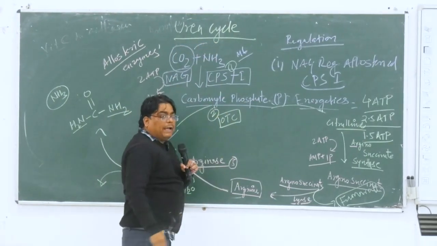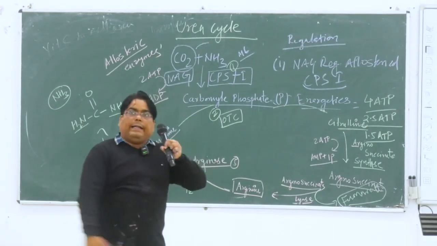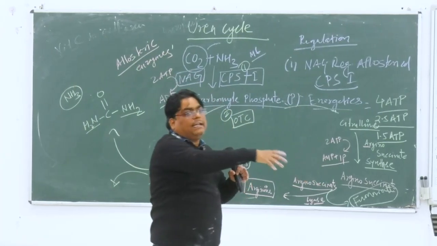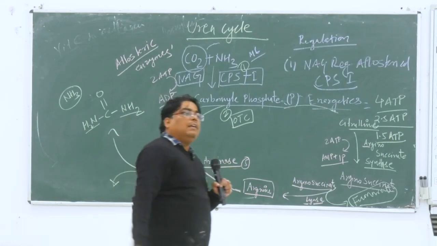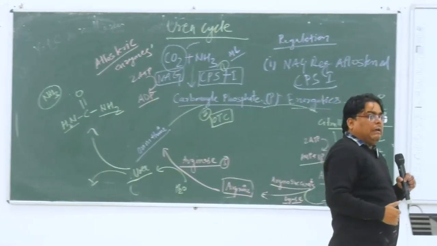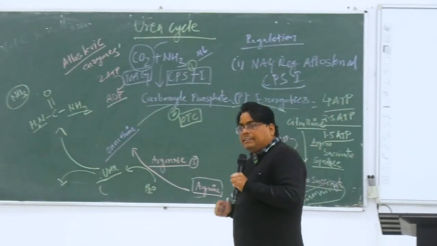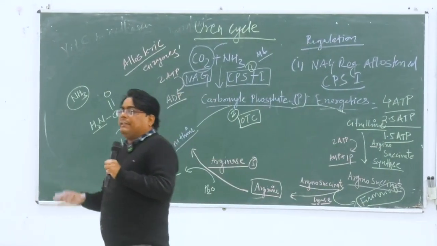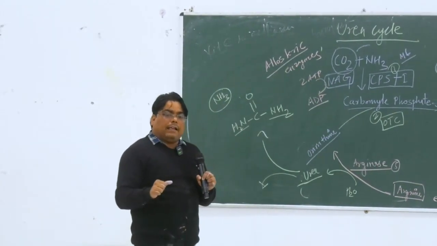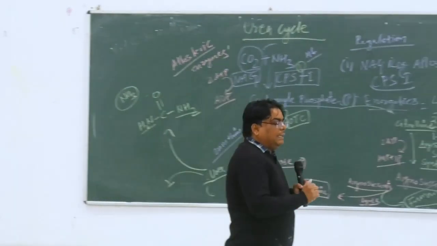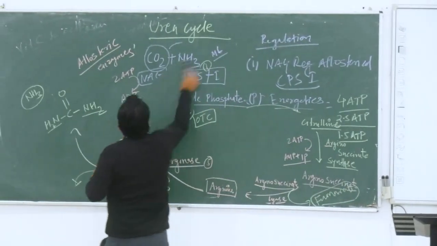This CO2 is produced by the TCA cycle. So it gives the substrate to the urea cycle and takes the substrate from the urea cycle. That's why it is called a bicycle. Both cycles proceed with each other. Understand? So this is the main concept here, the disposal of ammonia by the urea cycle. I think you understand. Now we understand the disorders related to it. Okay?